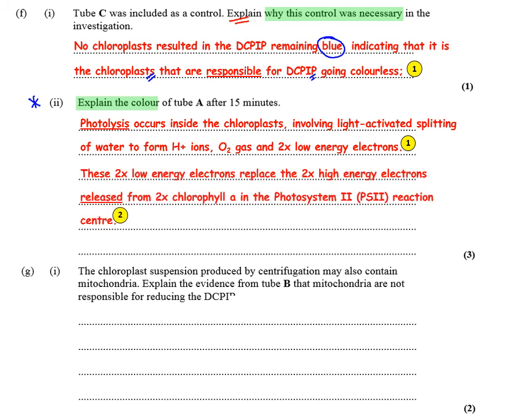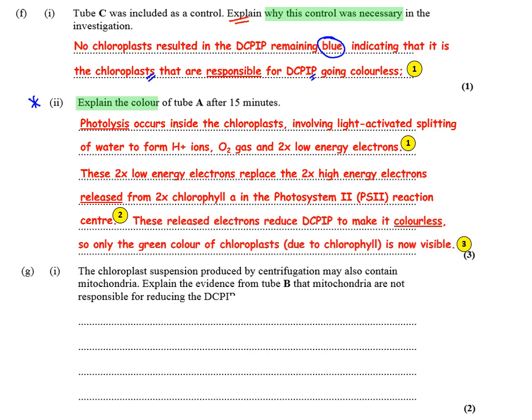Now we know these 2 low-energy electrons replace the 2 high-energy electrons that are released from the 2 chlorophyll A molecules in the reaction center of photosystem 2. So photolysis has evolved to provide low-energy electrons to replace the high-energy electrons that get excited from chlorophyll A and released from the reaction center in PS2.